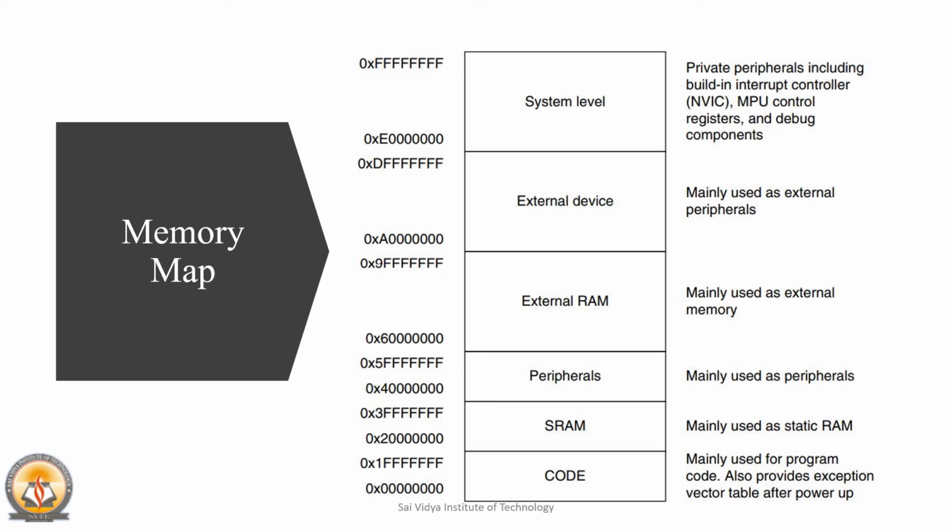So as you can see in the diagram, the memory map has different segmentations: the code, the SRAM, the peripherals, the external RAM, the external device, and the system level memory. So the system level memory has all the important features, which store the built-in interrupt controller or the NVIC, the MPU control registers, and the debug components.